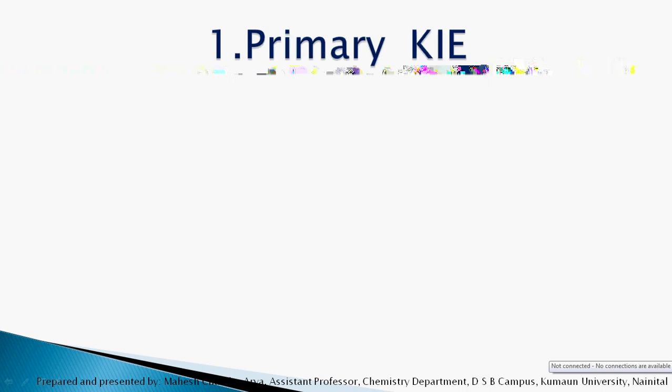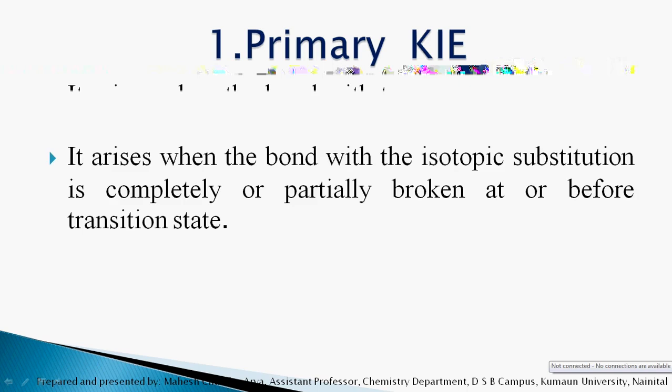Now we try to define what is meant by primary kinetic isotope effect. Primary KIE arises when the bond with the isotopic substitution is completely or partially broken at or before the transition state.